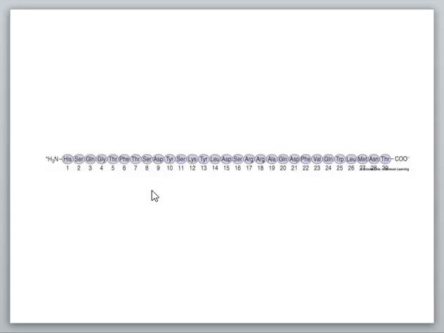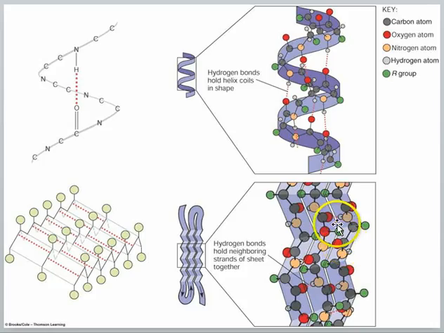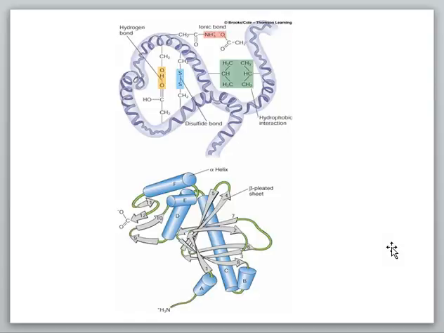So here's our diagram. This would be the primary structure, and we just have this chain of amino acids. Okay. Now then, go to the second level of structure, secondary structure. We get this hydrogen bonding, which produces either a helix, like here at the top, or this hydrogen bonding will produce flat folded sheets. Okay, so that's the second level of structure.